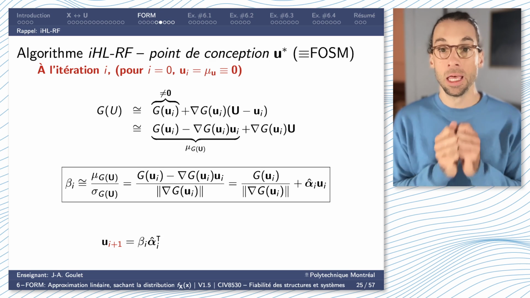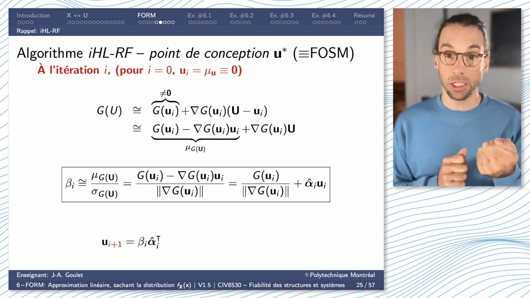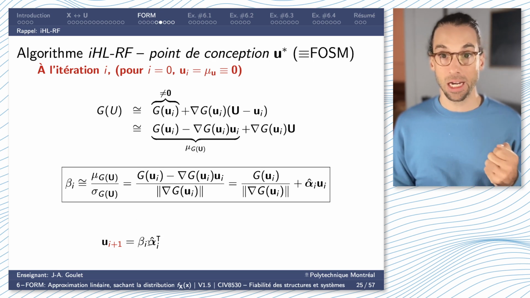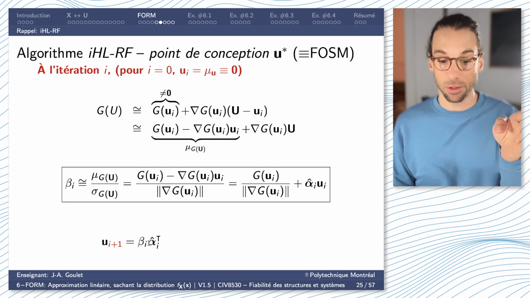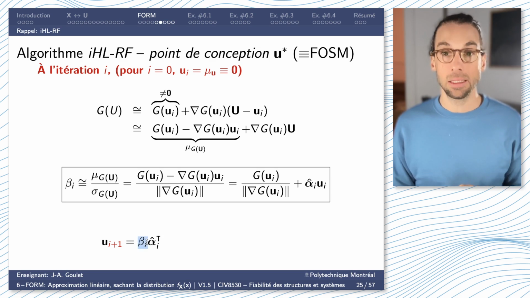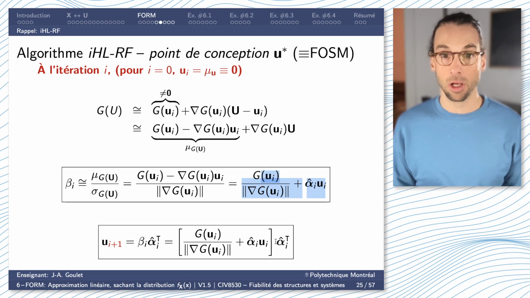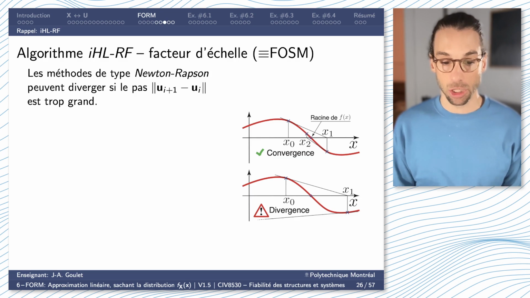And I can obtain my subsequent linearization point by multiplying my negative gradient vector, which points towards the failure domain, by my current approximated beta. So my new point is simply the beta approximated there, times alpha. All quantities I can compute at each iteration.